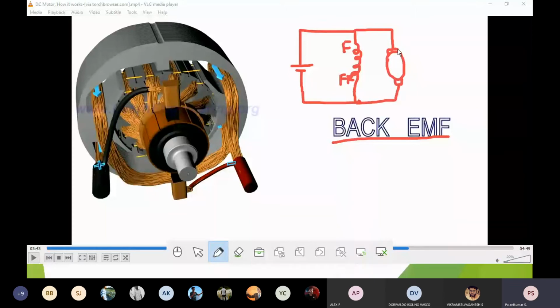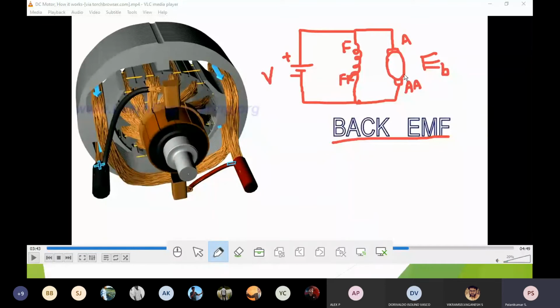Now it is A. Suppose this is the positive terminal and this is the negative terminal. I have a back EMF, usually called EB. EB is a voltage which acts against this; this back EMF acts against the applied voltage.